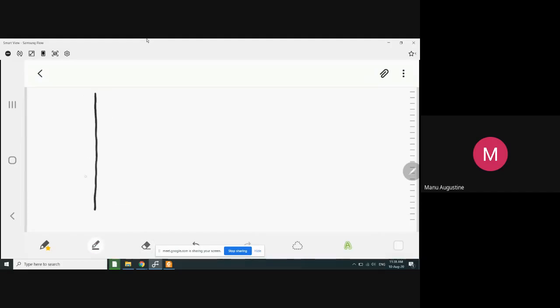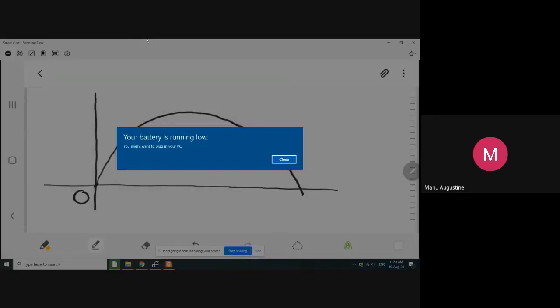The y-axis, the x-axis. This is the origin. A semicircle.